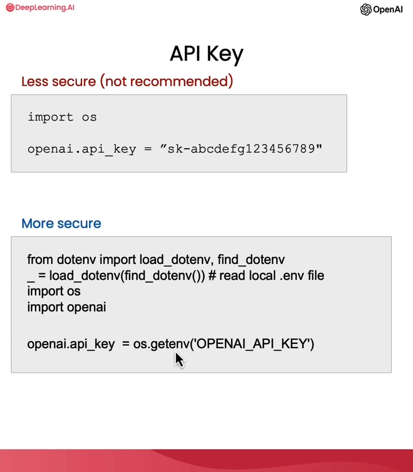In this whole process, I don't ever have to enter the API key in unencrypted plain text into my Jupyter Notebook. So this is a relatively more secure and a better way to access the API key. And in fact, this is a general method for storing different API keys from lots of different online services that you might want to use and call from your Jupyter Notebook.